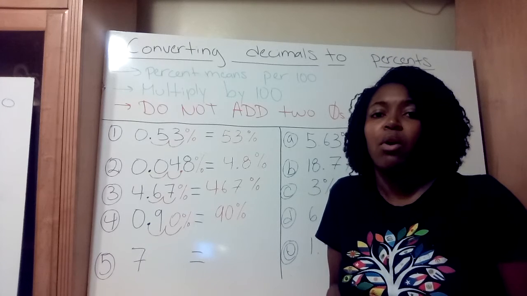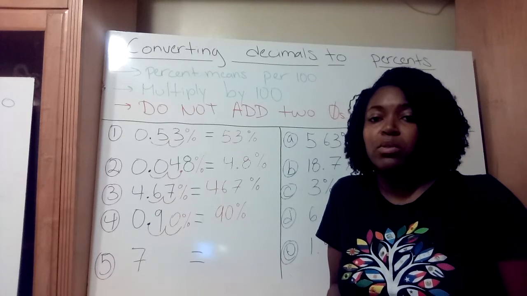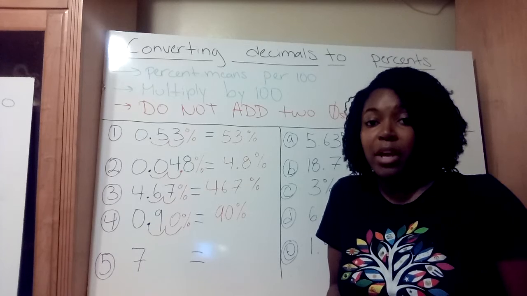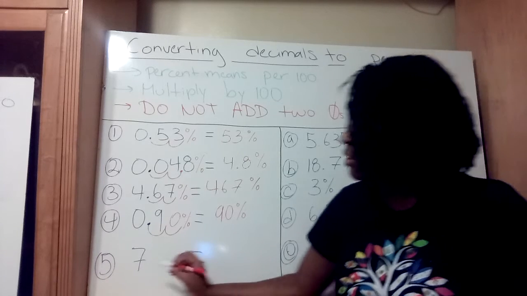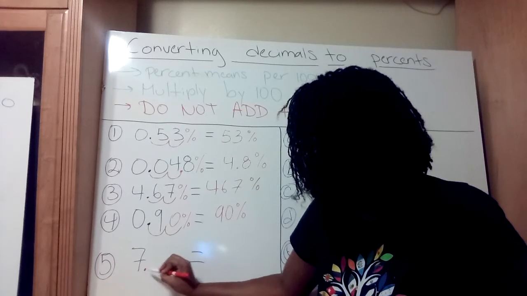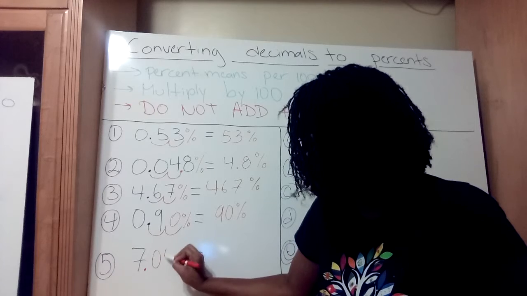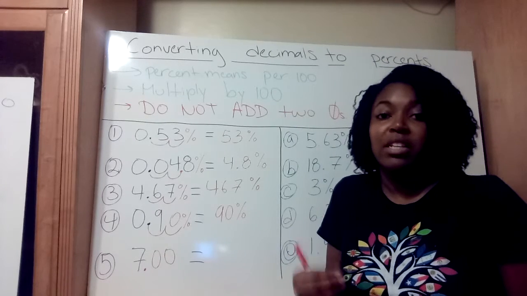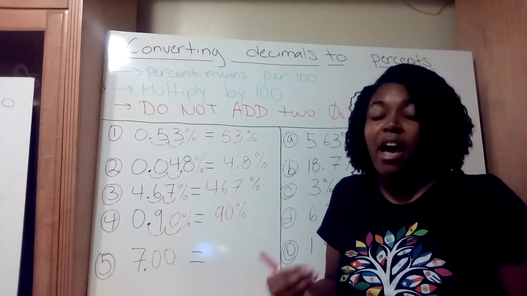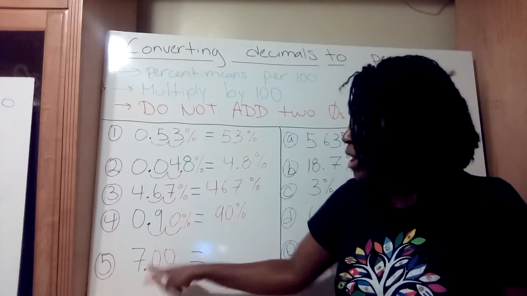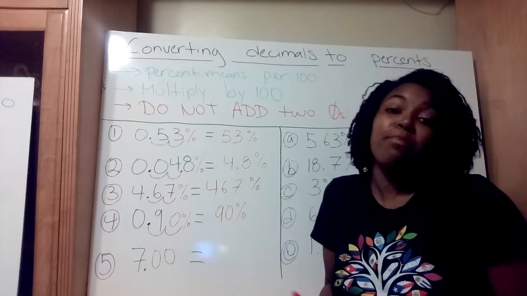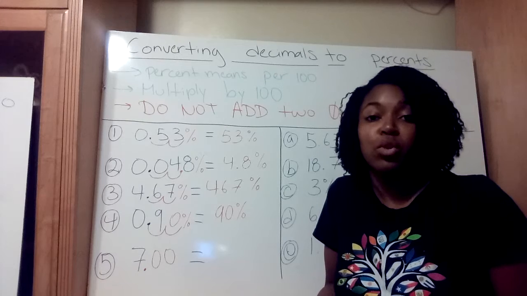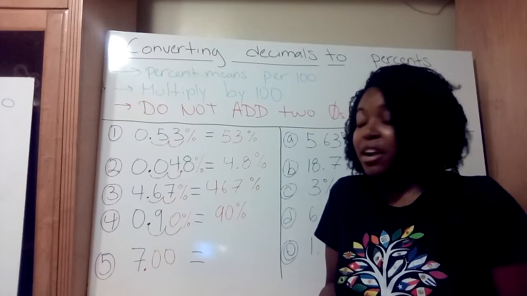So we have to know where the decimal point goes on whole numbers, right? So the decimal point is understood to be right here, just like if it was $7, it's understood to be there. You need to know that and recognize it. Every whole number has a decimal point at the end of it. It's not good math grammar to write it, so we don't always do it, but understand that it's there.